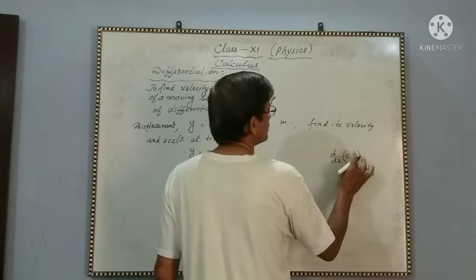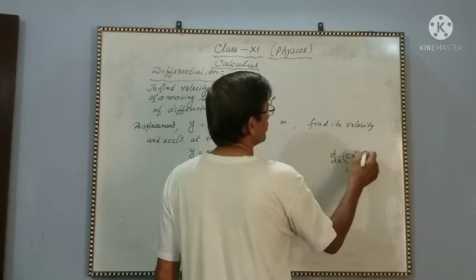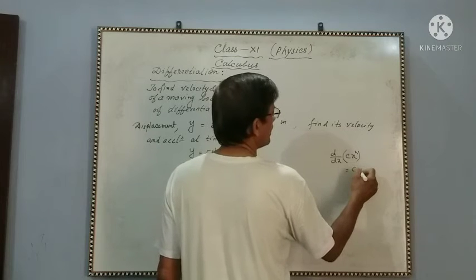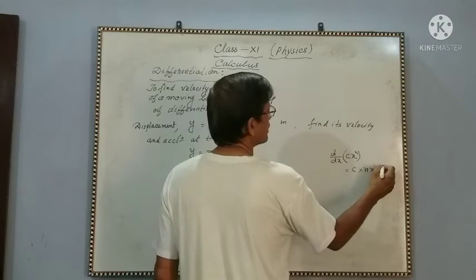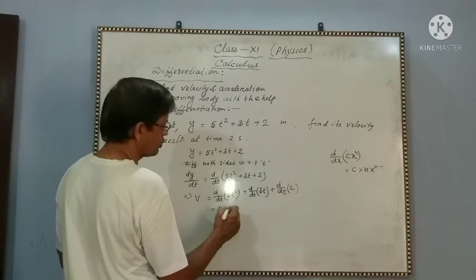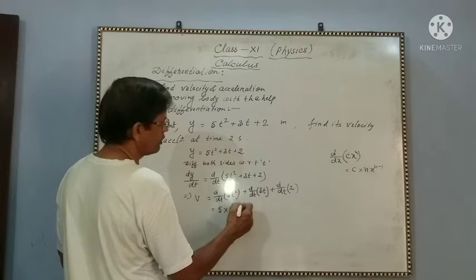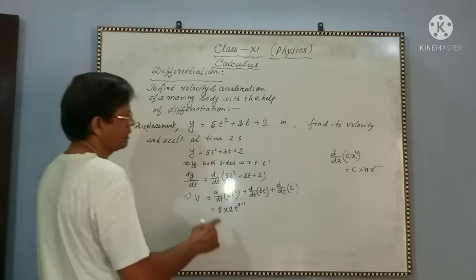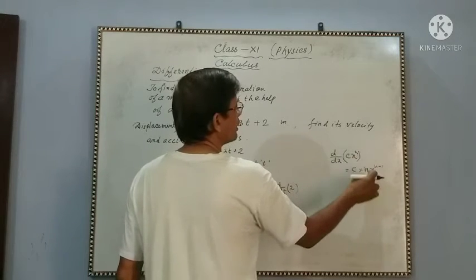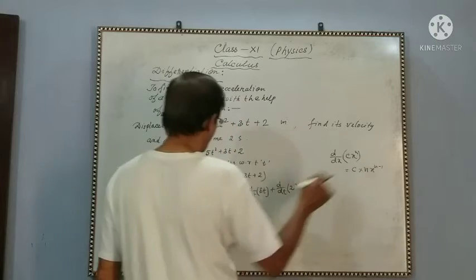Actually, this is the c x to the power n formula: the derivative of x to the power n is n x to the power n minus 1.